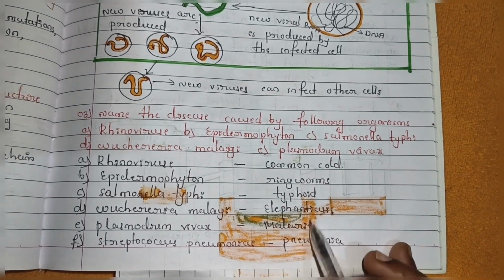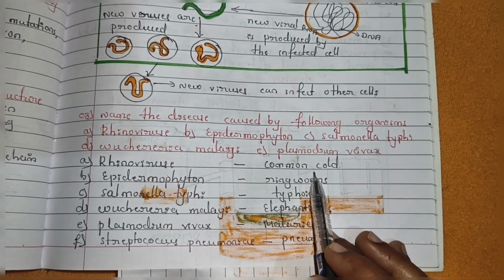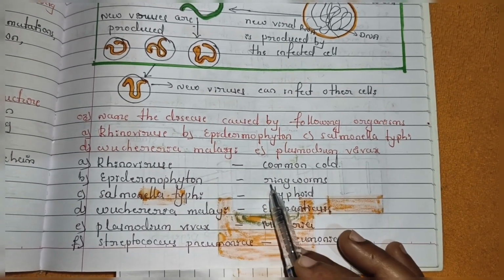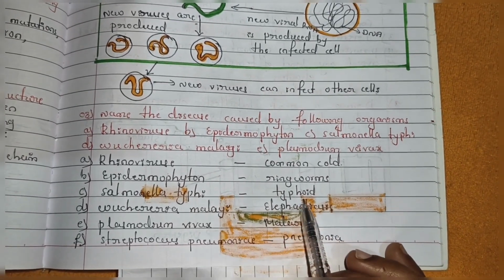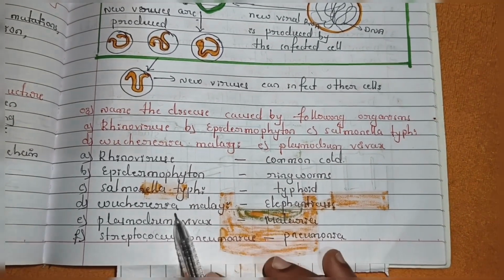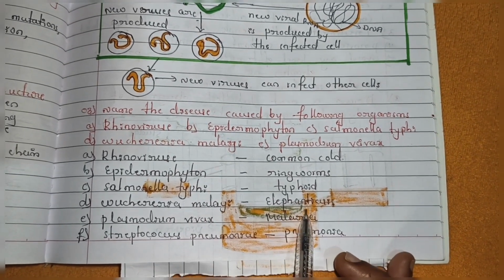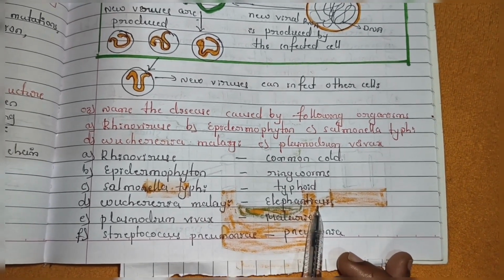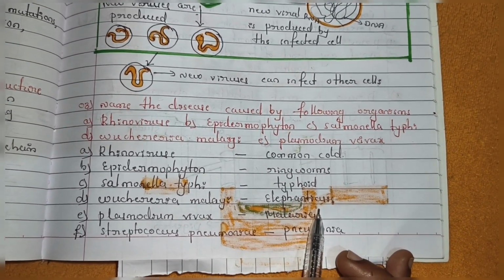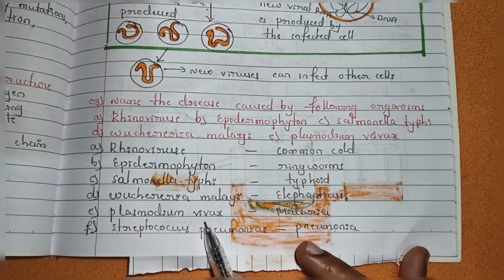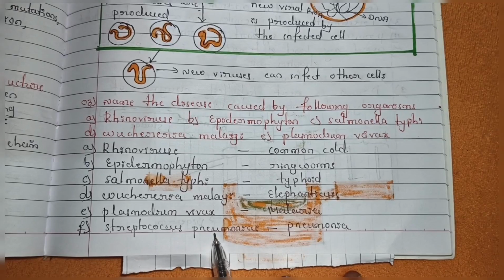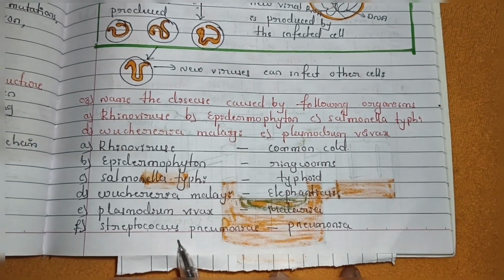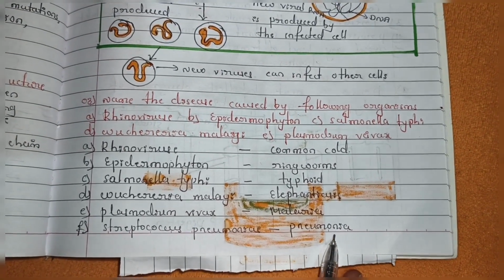Rhinovirus causes the common cold, epidermophyton causes ringworm, and Salmonella typhi causes typhoid. And Wuchereria causes elephantiasis, in Kannada we call it Anekalu roga. And Plasmodium vivax causes malaria. And Streptococcus pneumoniae, I mentioned extra, causes pneumonia.